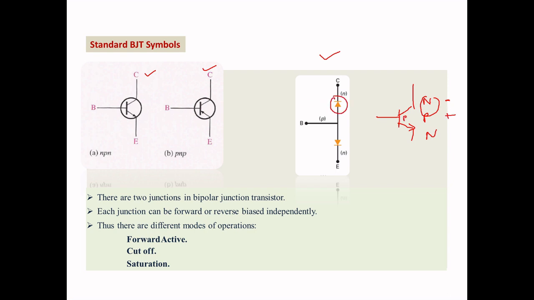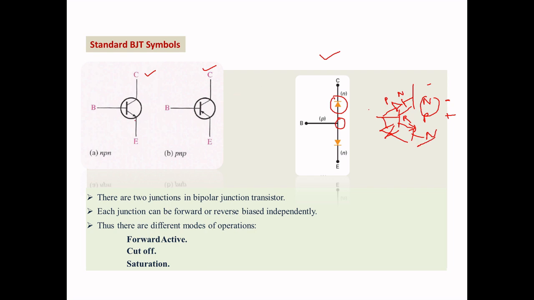Again this P is shared with this N also, so another diode is sharing with the next one. So I can represent this like one diode, right? This is a P and this is N. Again base is shared, right? So PN, that is why it is shown as back to back diodes.